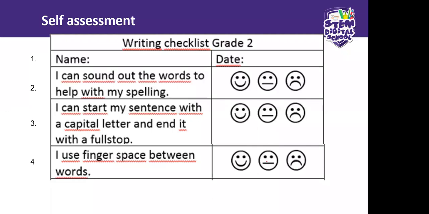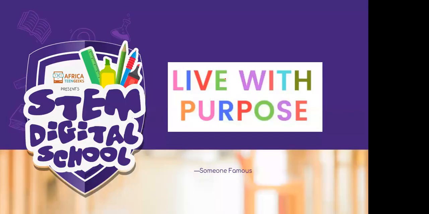If you just forgot one, it's this one. And if you did your finger spaces in between words, it's the big smile. All right. That's it. So you can give me 3 smiley faces for the sentence that you wrote. That is a way to assess yourself. It's self-assessment.